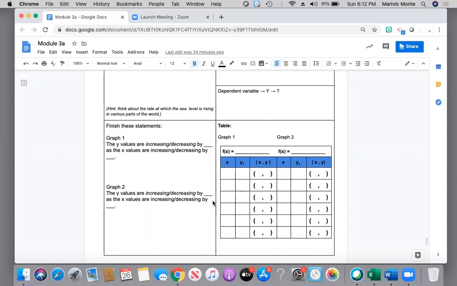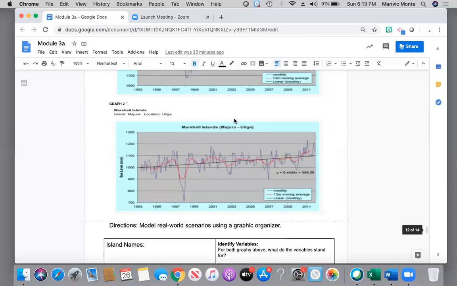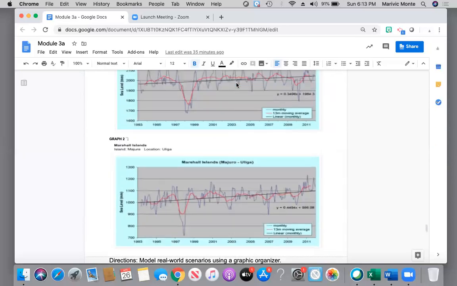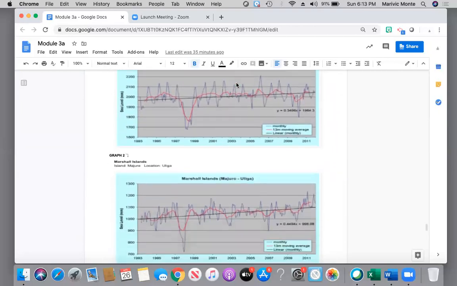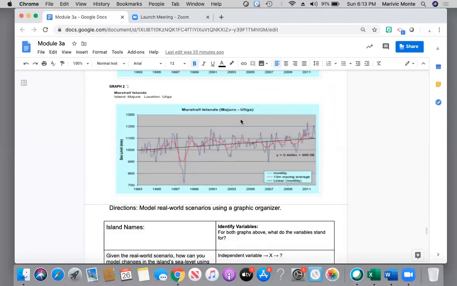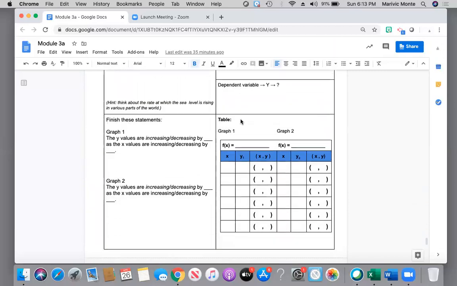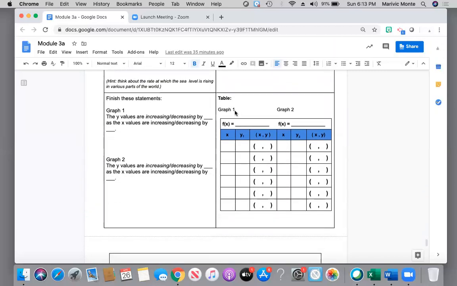And this time, at this part here, you've got to go back to the original two graphs. This is your graph 1, and this is your graph 2. And so it specifically states here graph 1 and graph 2.